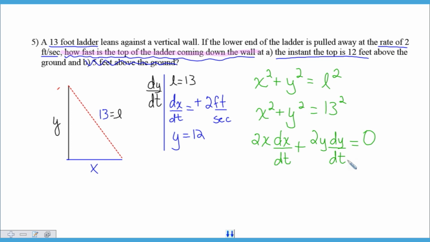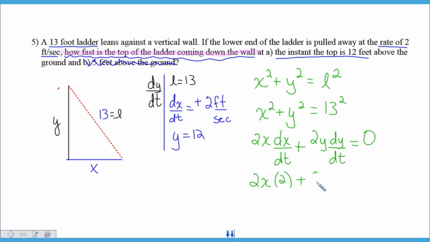And once you do this differentiation, you are then allowed to put all of your instantaneous information in. So now I can put this y is 12 in because it's instantaneous. I want to know at this instant what is happening. So let's put in what we know. I don't know x. I know dx dt is 2, so I can put that in.